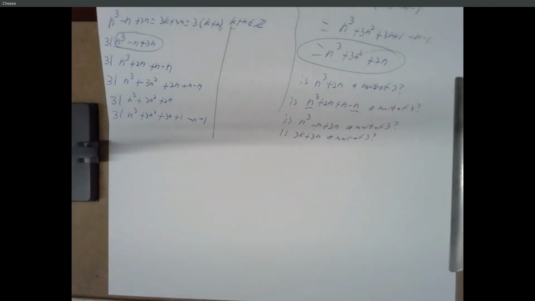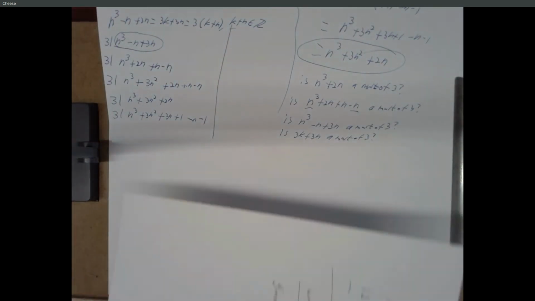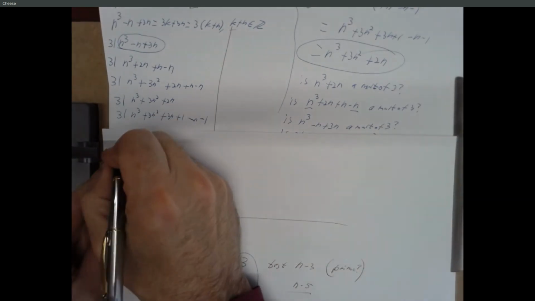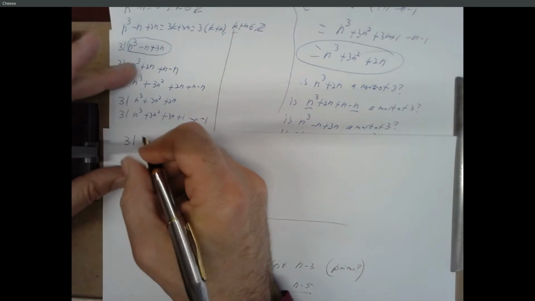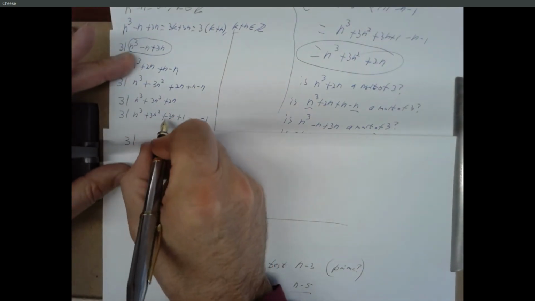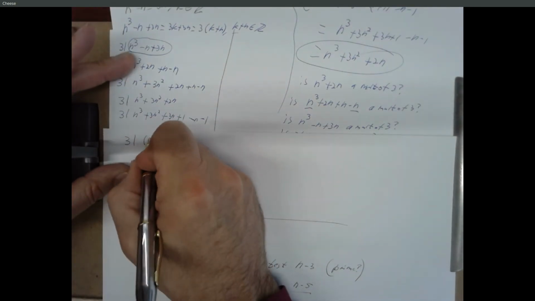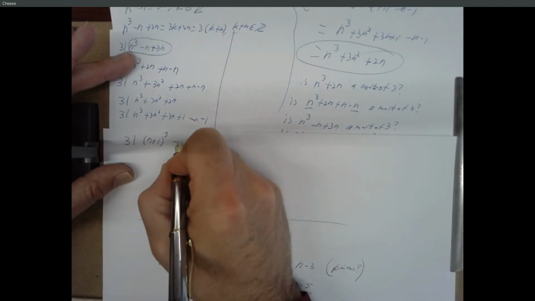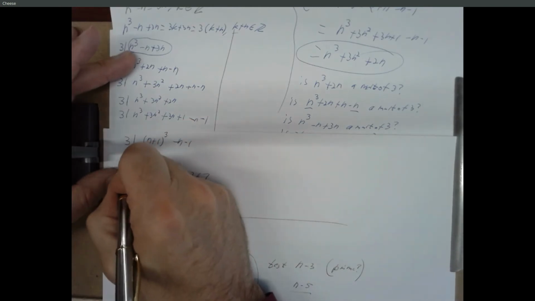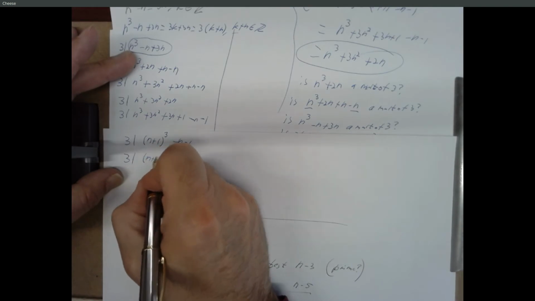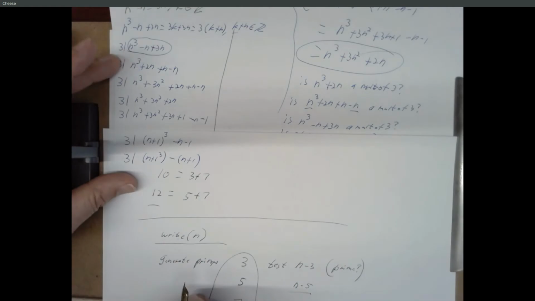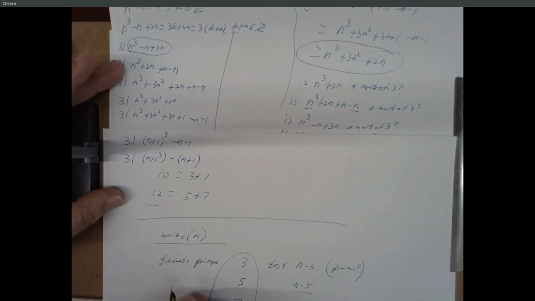And now we're just getting buried in technical details, like any good math proof. So 3 divides, and n cubed plus 3n squared plus 3n plus 1 is n plus 1 cubed minus n minus 1. And so 3 divides n plus 1 cubed minus n plus 1, distributing the minus sign.